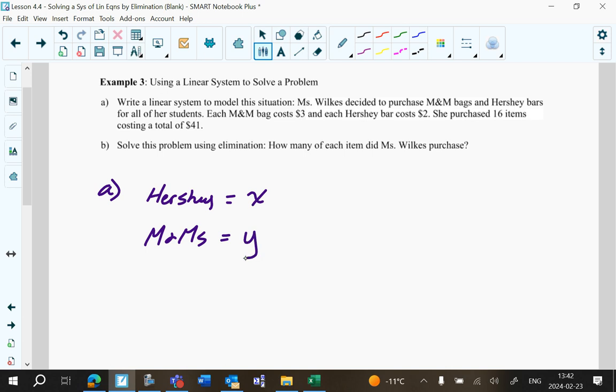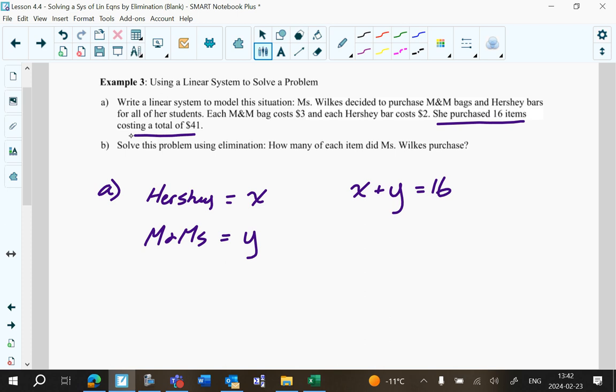Okay, so you got to set that up first before you write your equations. Now, she purchased 16 of them. How do you translate that? X plus y is equal to 16. The second equation represents the cost.